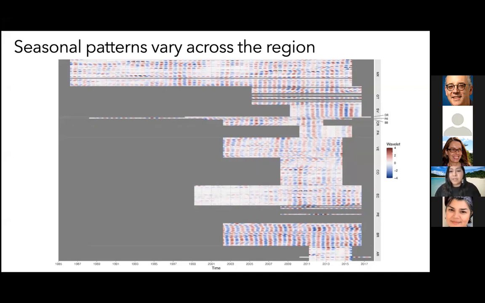The lines are showing each individual location, and the colors are plotting the seasonal wavelet coefficient. Red indicates the seasonal peaks of dengue, and blue the seasonal troughs or the lows. This really shows that there is a strong seasonal pattern across the region, though, as you move from Mexico down to Brazil and Argentina, you can see that the timing tends to vary quite a bit.